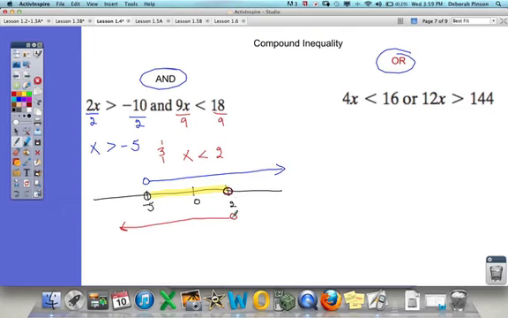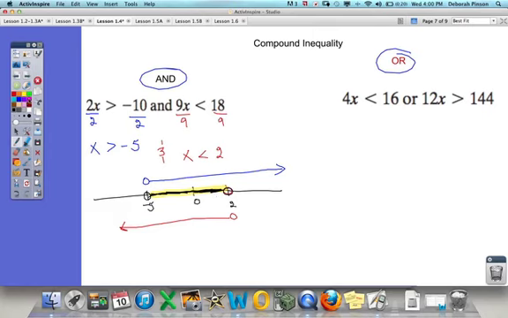Same thing here. I'm going to leave it open there because I don't have a value on the red one. I do on the blue one. And here's where I have a value on both of my problems. It's where they overlap. That's what you're talking about with the "and": you're looking for where they overlap. Typically, it looks like this, where they're overlapping in the middle.